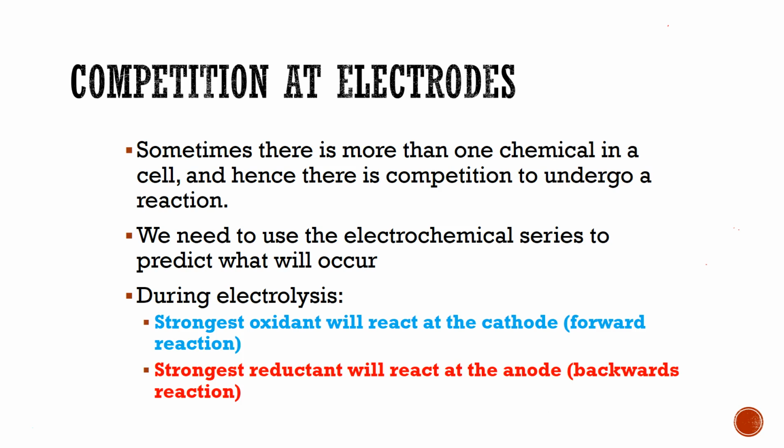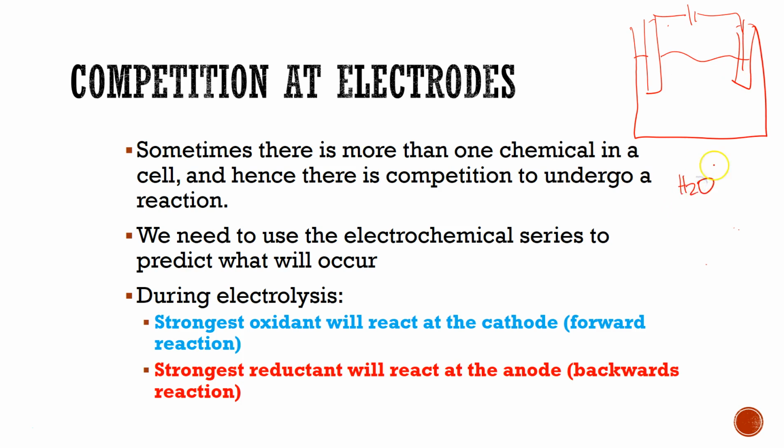One of the things that you need to think about is in an electrolytic cell, remembering there's no separation, and we have our battery connected to our positive and our negative electrodes. If we were to electrolyze water, just straight water, we could produce hydrogen gas and oxygen gas.